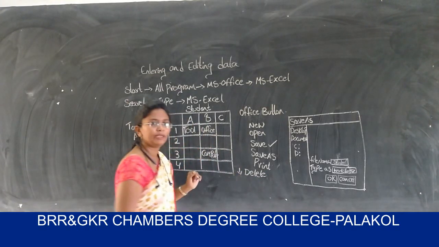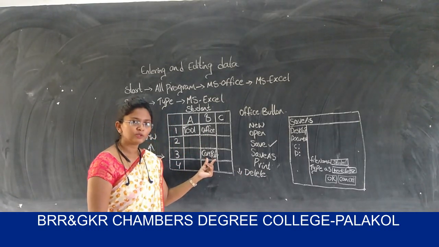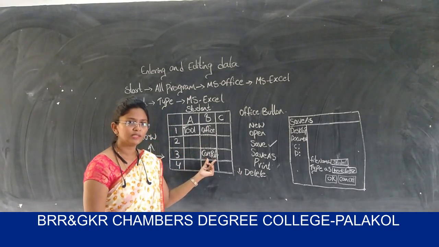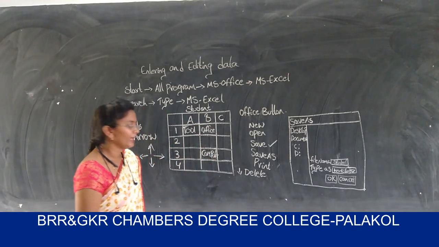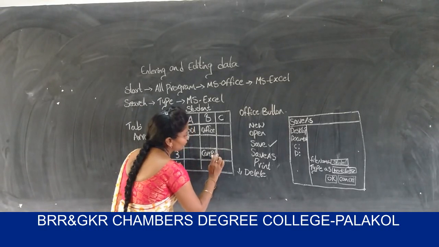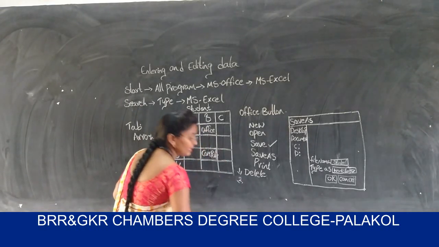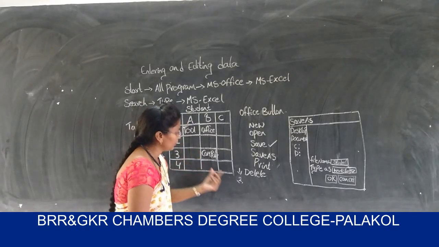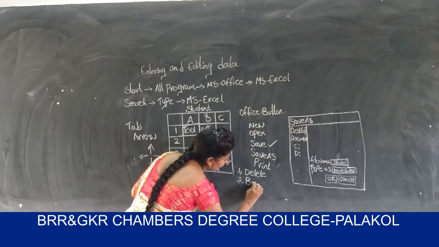The second way is to select this cell, place the mouse pointer here and click on this cell, which means this cell is an active cell. Here a cursor will be blinking after the R. If the cursor is blinking, go to the keyboard and press the Backspace key.